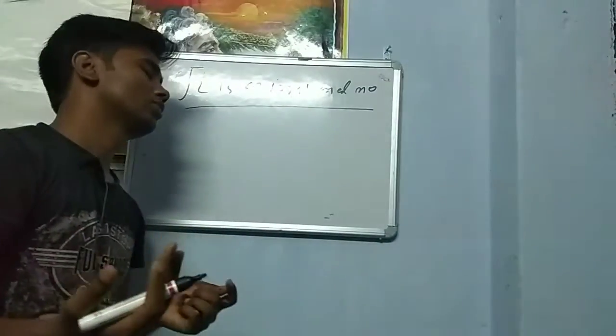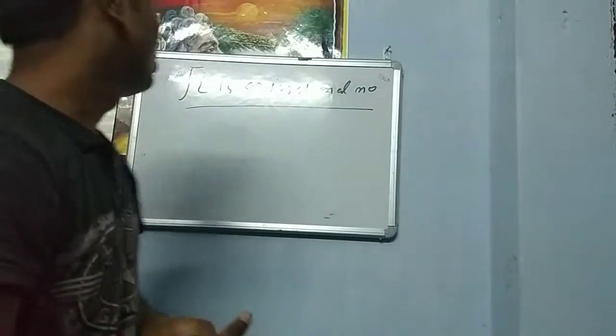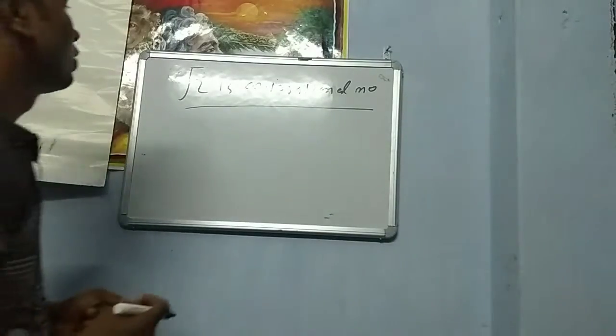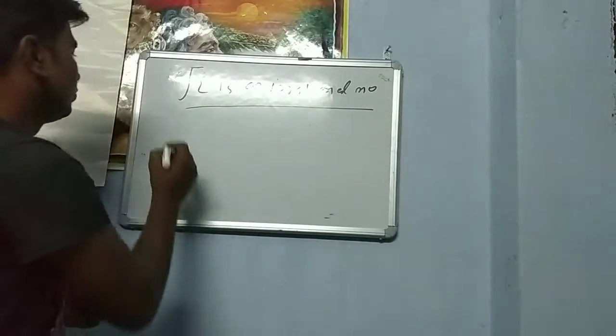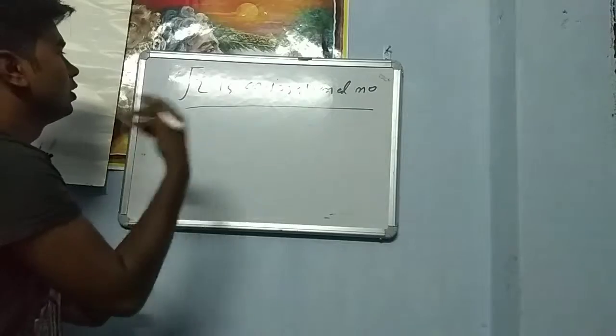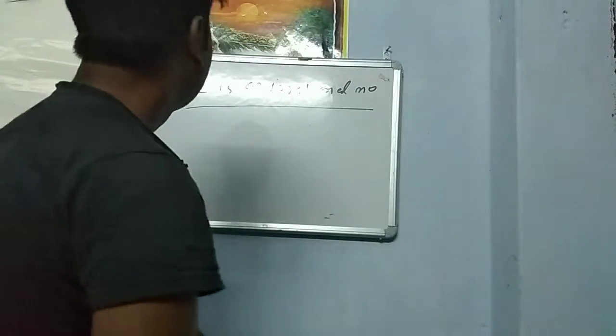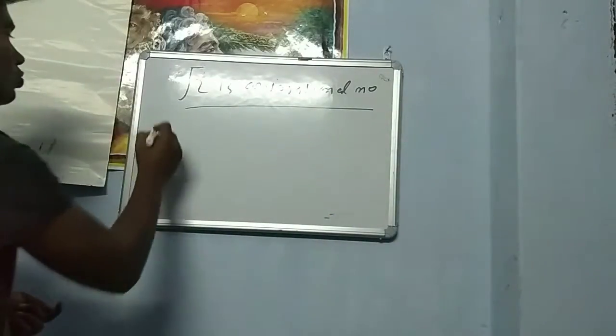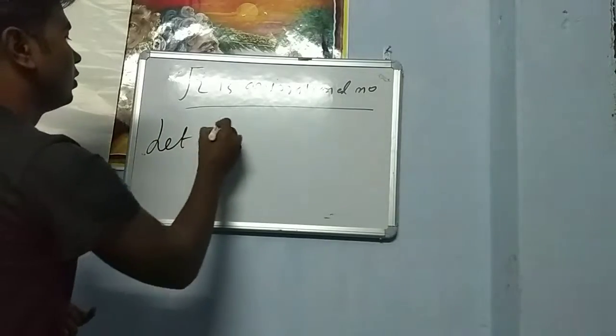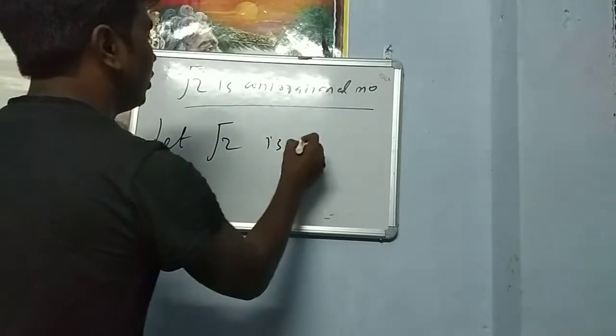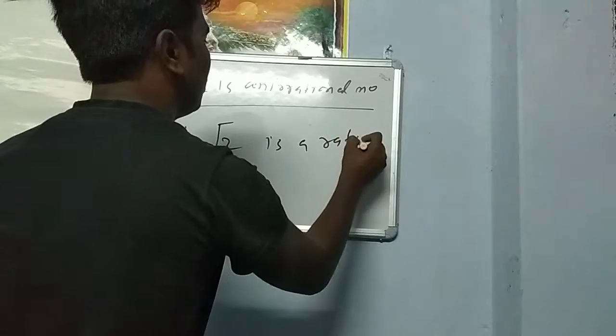Root 3 is an irrational number. Root 5 is an irrational number. We don't say that directly. So first of all, we assume that it is a rational number. Suppose this root 2 is a rational number.